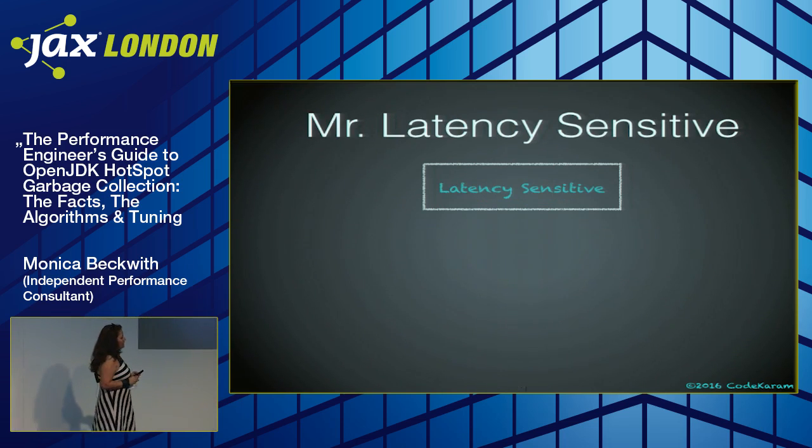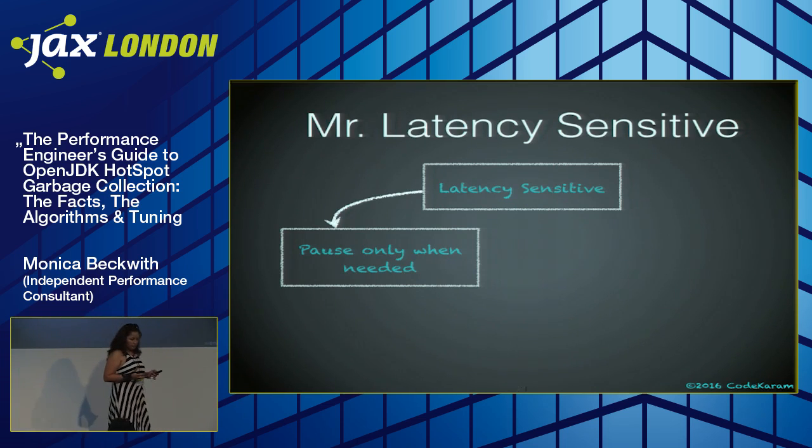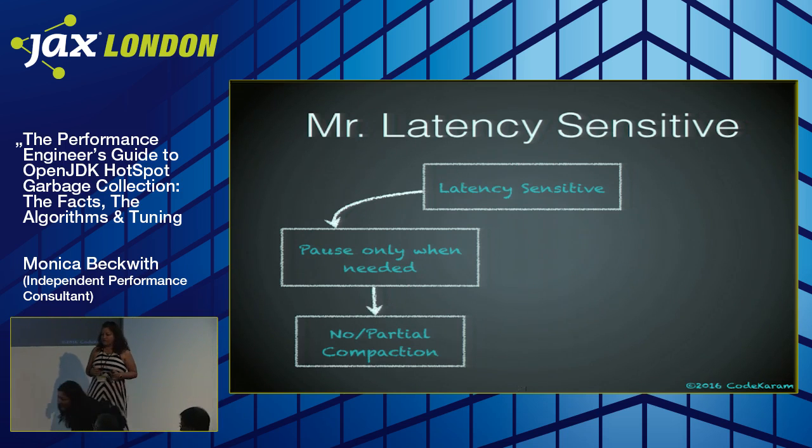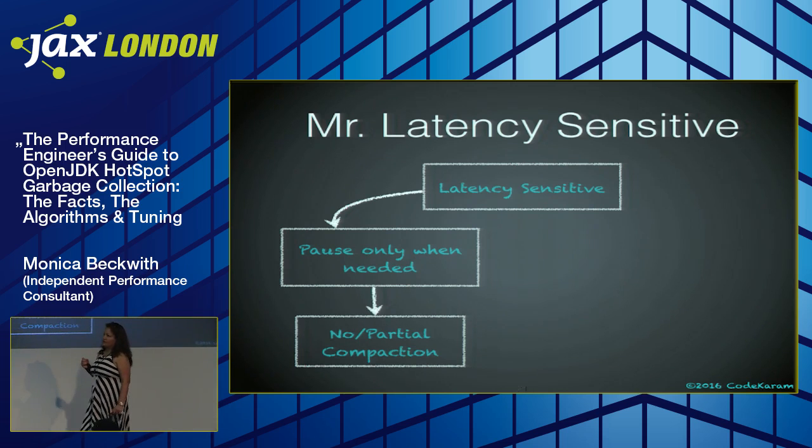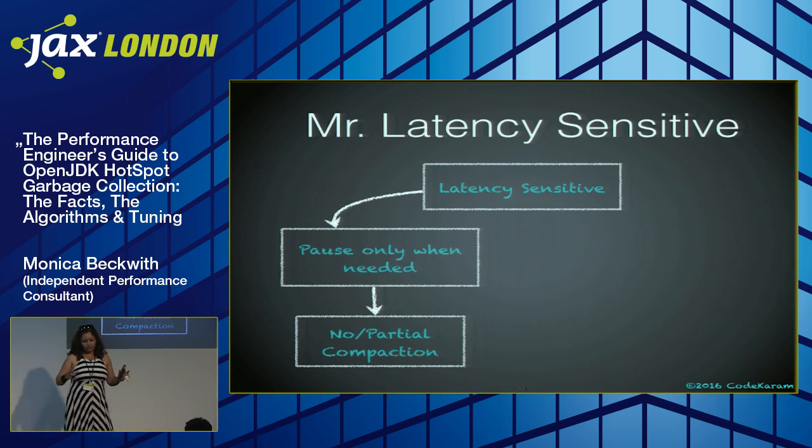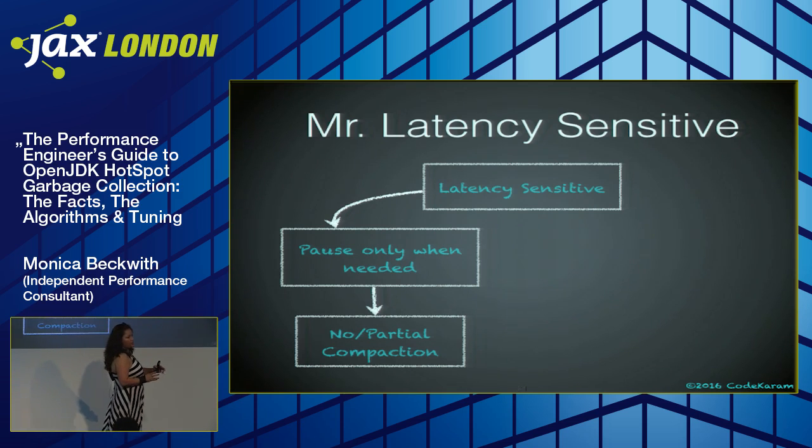Now, if you wanted to design a latency-sensitive garbage collector, you would think, I should only pause when I absolutely need it. What that means is that more often than not, you'll find that there's no compaction. Compaction means that for the entire heap, you're marking the live objects and then moving them to the low end of the heap.